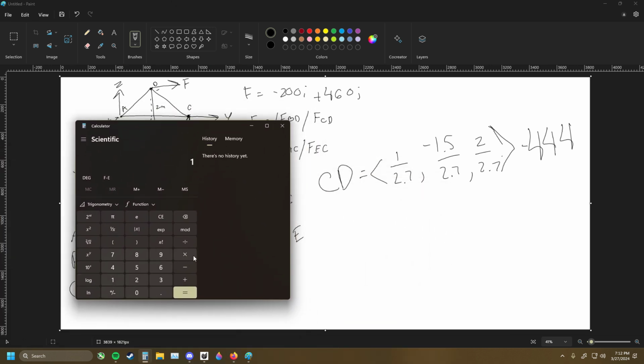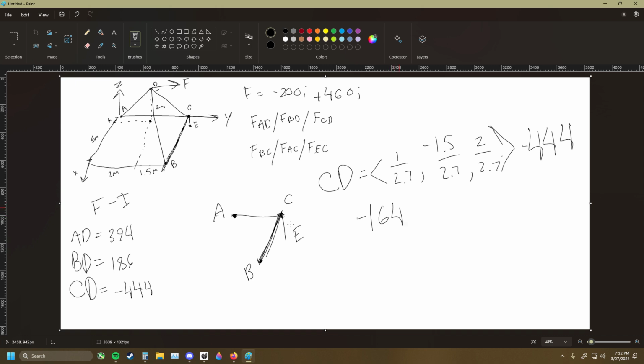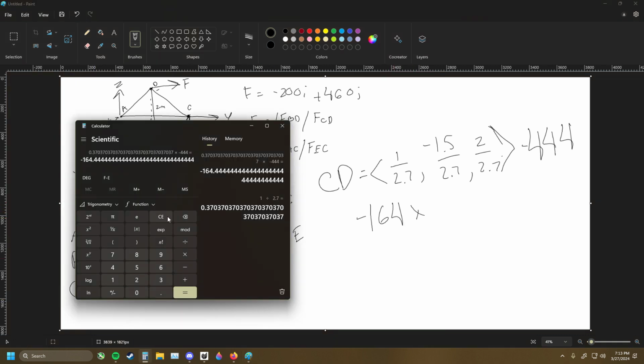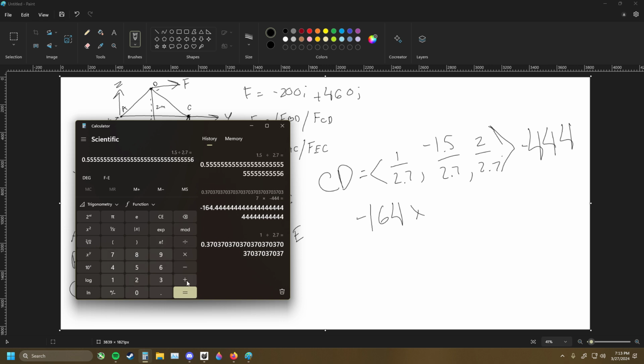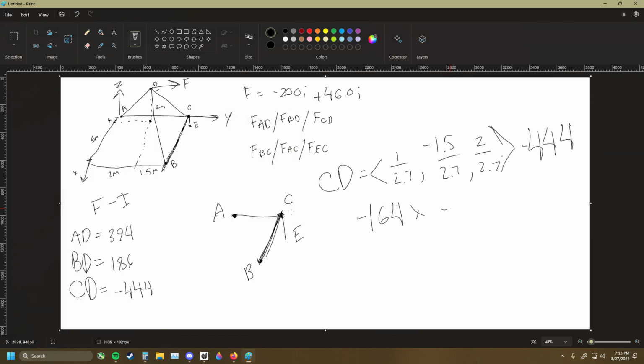So we know 1 divided by 2.7 times 444, negative. So we get negative 164 in the x direction. Okay. So now negative 1.5 divided by 2.7 times 444, negative, we get negative 246.7.